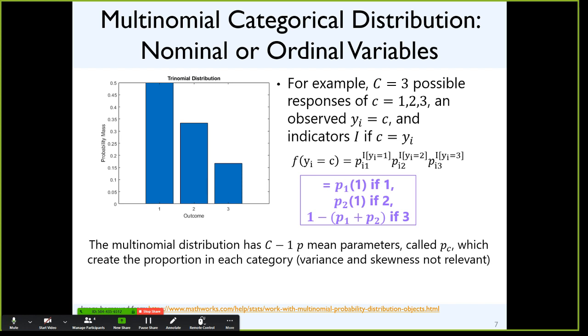So if there's 3 categories, there's 2 means. If there were 4 categories, can you guess how many means I would need? 3. 5 categories? 4. Yeah. So variance and skewness isn't really a thing. It's just how many fall into each category, where you only need to know all but one.